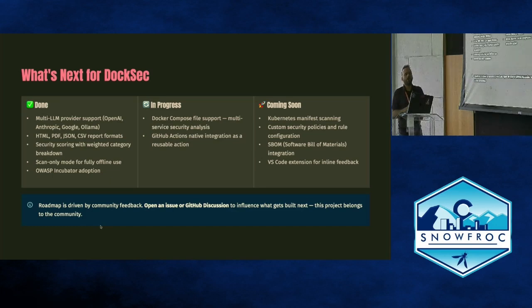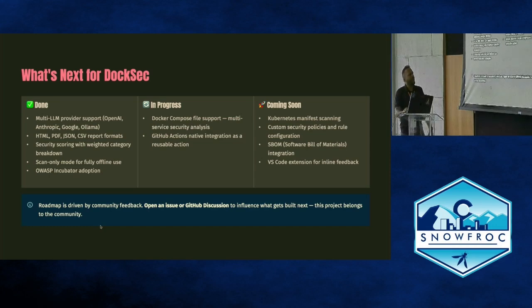Right now there are policies that DockSec is defining, but I would like to have custom policies. If you are using DockSec, you can build your own policies. If for example you don't like the 50-30-20% rules that I followed, you can have your own custom policies and your custom scoring, so that you only flag critical vulnerabilities, or only critical and high severity vulnerabilities, right?